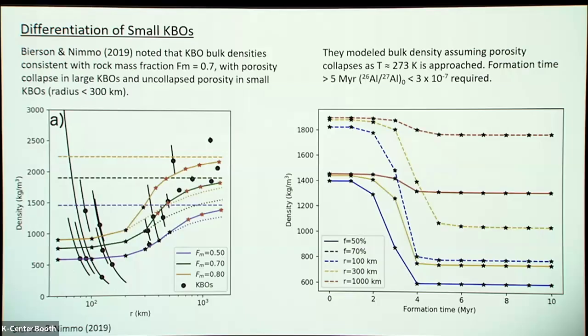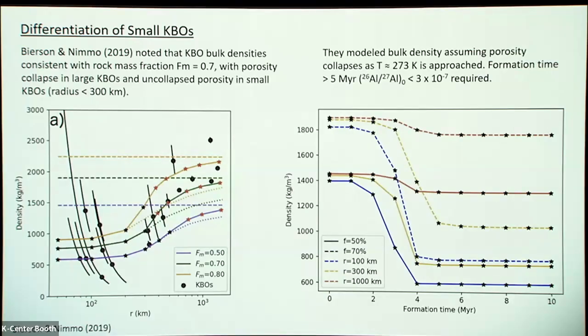Their densities sort of cluster around 0.5 or 1 gram per cubic centimeter, whereas larger bodies, I think this is Eris, Pluto, they tend to have higher densities. And these densities are consistent with a rock fraction of about 70%, let's say. And as they get very dense, they tend to collapse porosity. And if they're not dense, they retain significant porosity. So that was the interpretation.